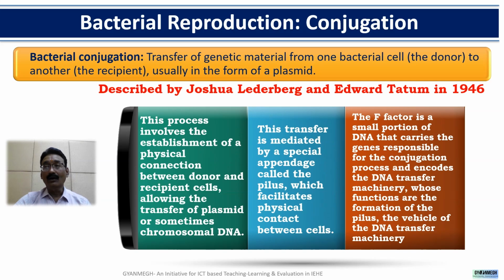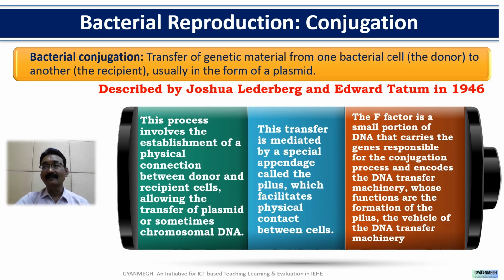Here, there is a role of the F factor, the fertility factor. The F factor was first described in 1946 by Joshua Lederberg and Edward Tatum as the genetic element responsible for bacterial mating. This genetic element is at the center of the process of bacterial conjugation.